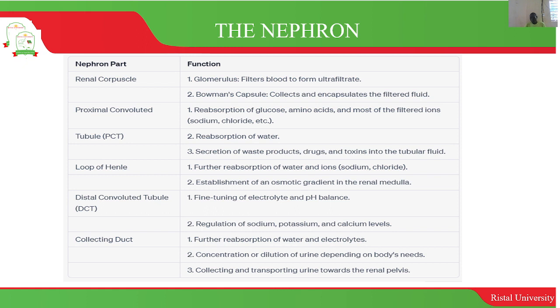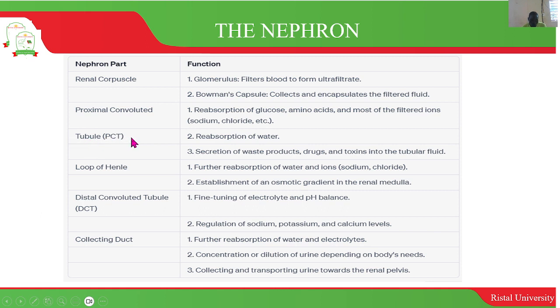Some of them are still wanted, and then later on the proximal convoluted tubule will reabsorb them through the process of either selective reabsorption or just by passive osmosis. So this is the function of the proximal convoluted tubule, and mostly those are the ions and sodium chloride, including many others.